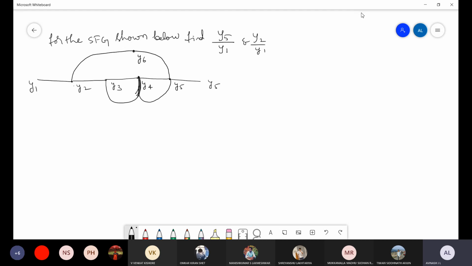Those who are listening, you can complete the numerical. So gain value, instead of G1 and G2, we have the gain values. It is 1, there it is 5, and here it is 10, and here it is 1, and here it is -1, and here it is -2.